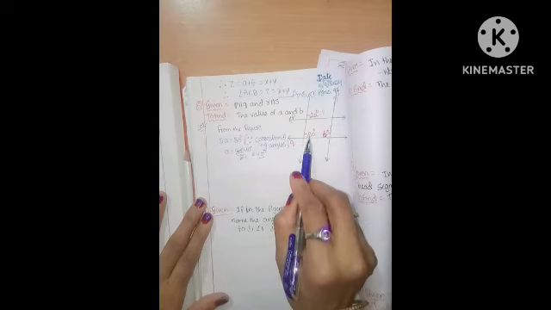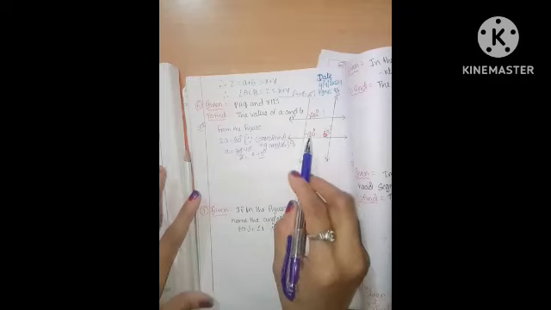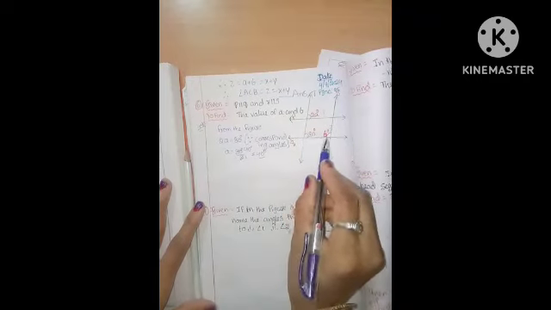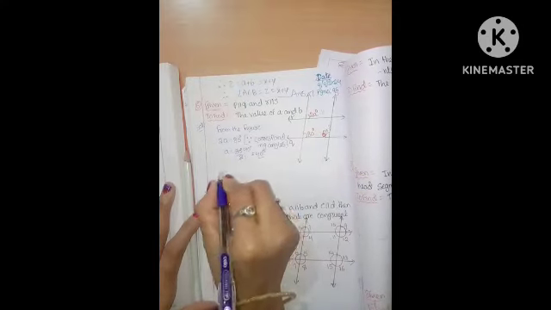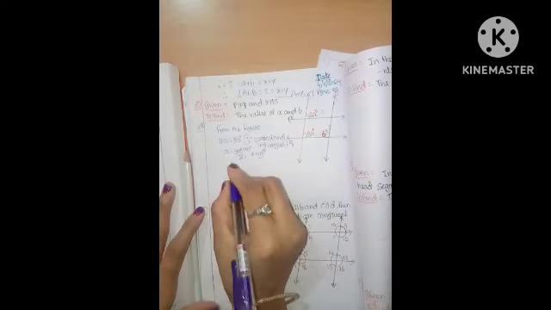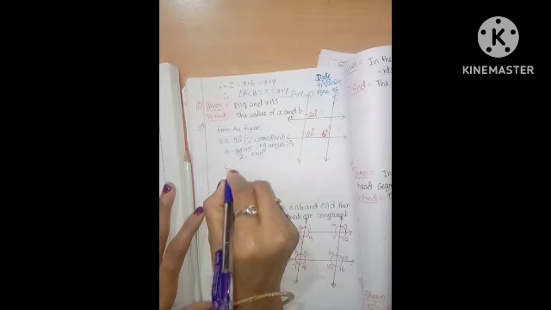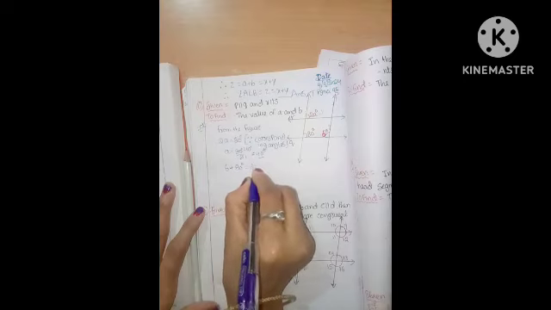Interior angles on the same side of the transversal are supplementary, that is 180 degrees, by theorem 4.3. So B plus 80 degrees equals 180 degrees.